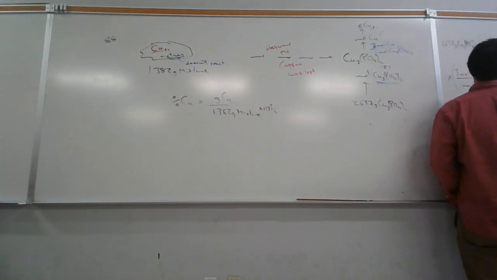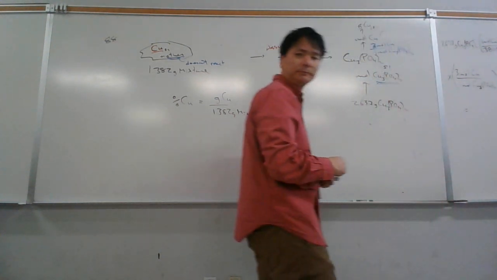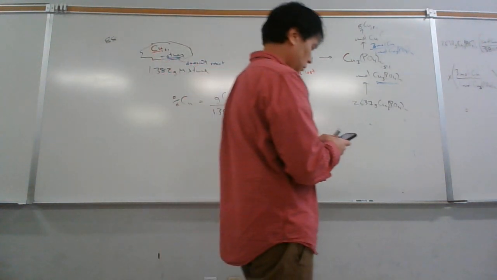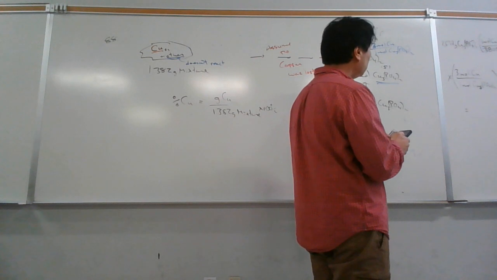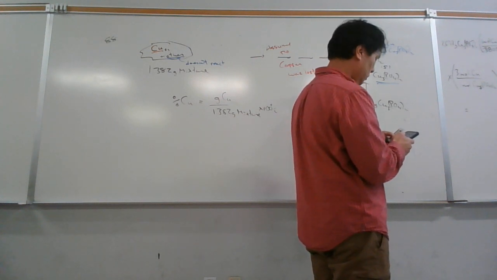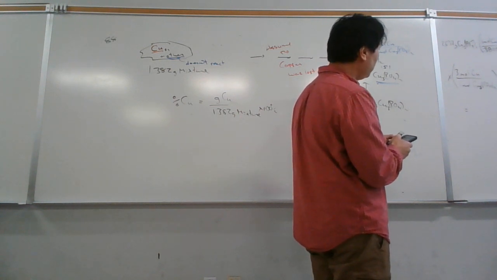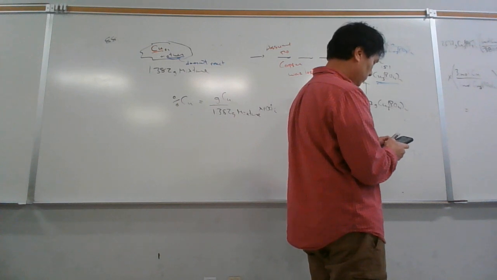63.55 grams of copper for every mole of copper. And so this is going to give us some grams of pure copper here. So we'll do 2.637 divided by 380.58 times 3, or no, times 63.55.